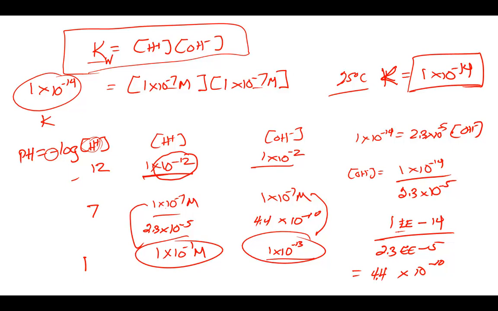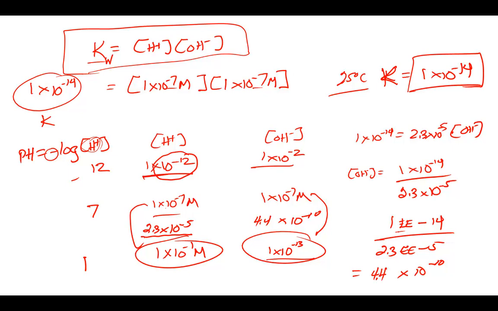Now, it gets a little tricky with this 2.3 here. How do we do that? Okay, so on your calculator, it depends on what kind of calculator you have. Some calculators, you put this number in, then hit the log button, then change the sign. Some calculators, like a TI-82 or beyond, you'd put in just like you'd see it. You'd say negative log, so look for log on your calculator.